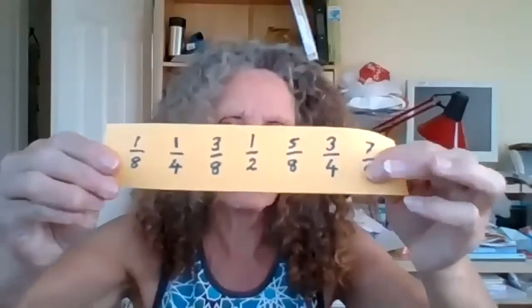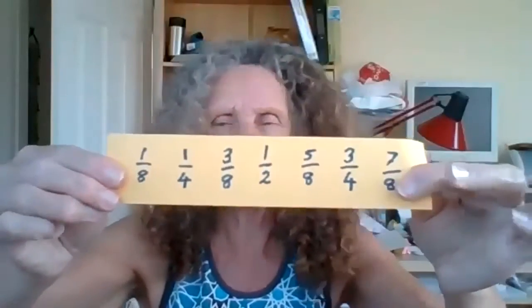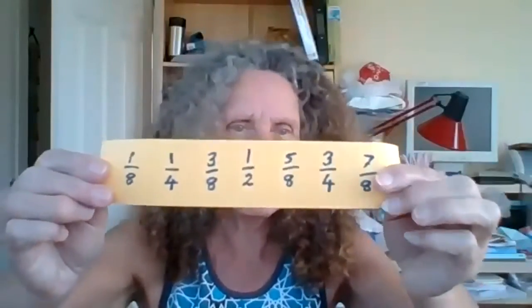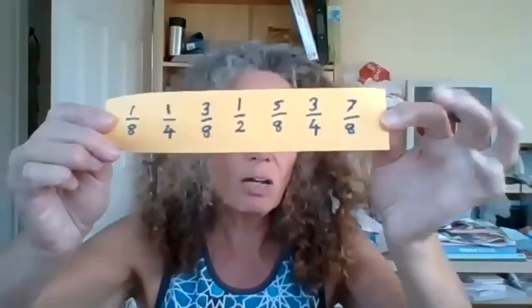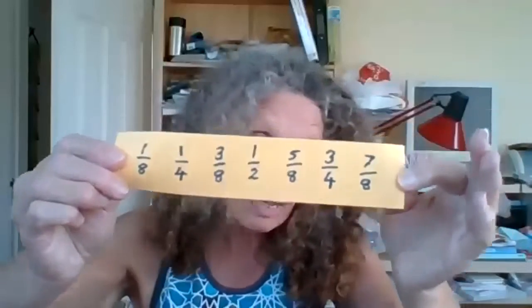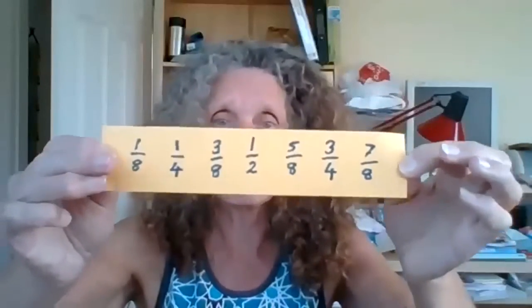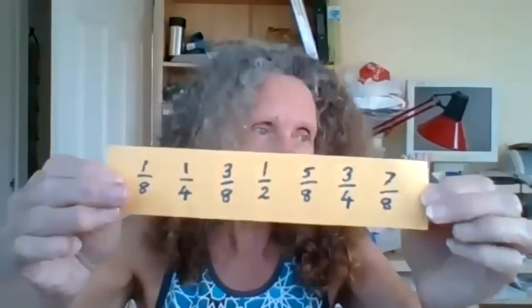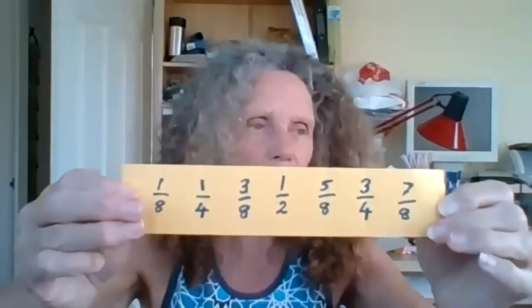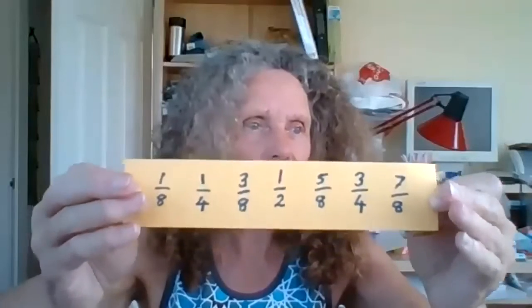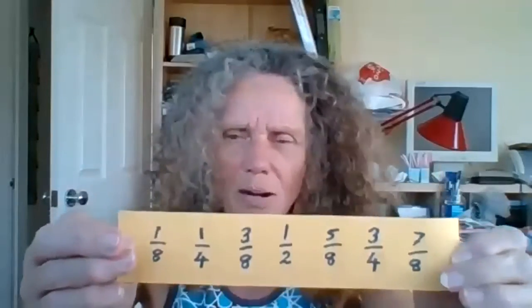And with any model, one of the things you always want to think about is what happens when we fall off the end. So, here's number 1, what comes next? And you can always say it's 1 1/8, or you can say 9 1/8, and so on. I always loved counting in my classes, and counting in fractions is great because the thing about fractions is they're nothing like ordinary numbers.